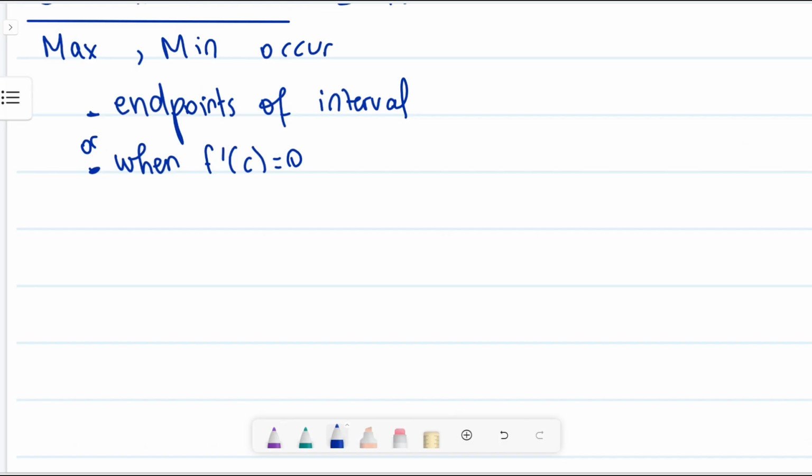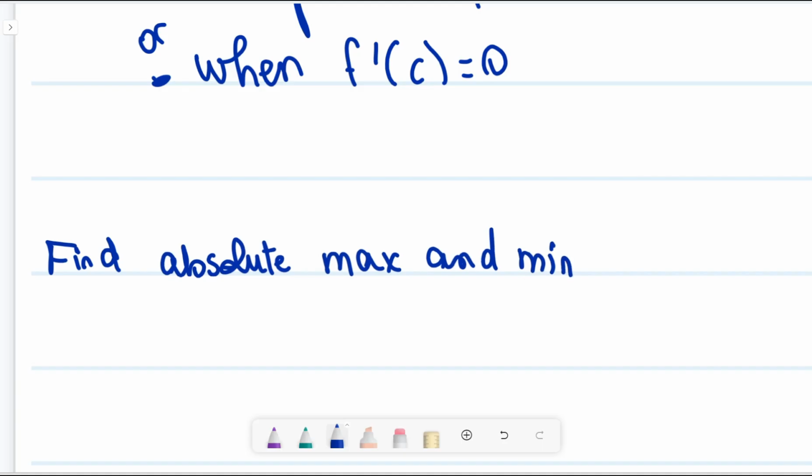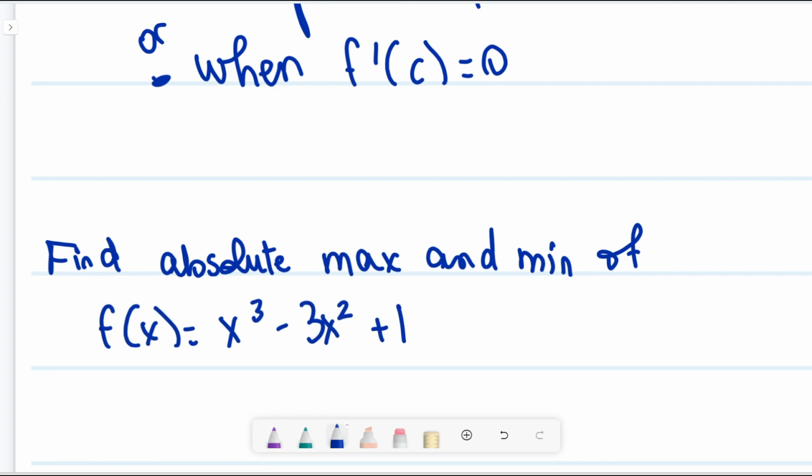So let's take an example. Let's find the absolute maximum and minimum of f of x equals x cubed minus 3x squared plus 1 over the interval -1/2 till 4.